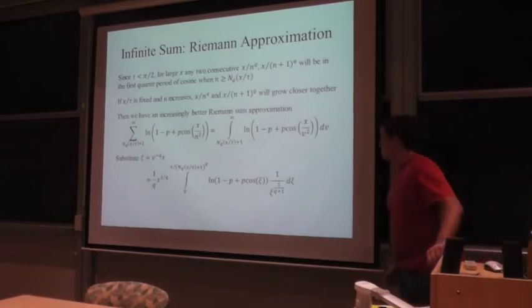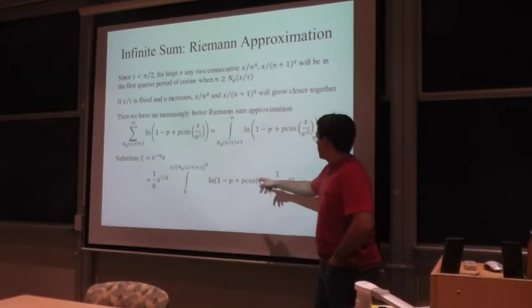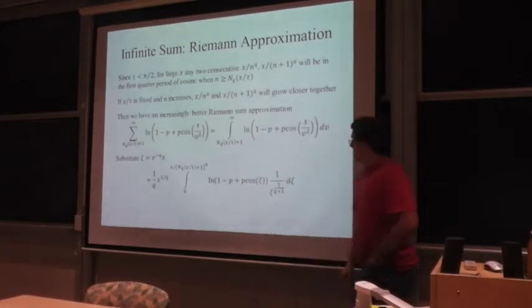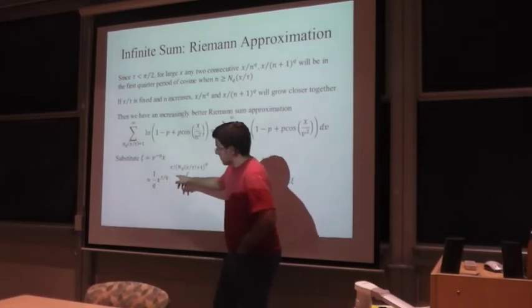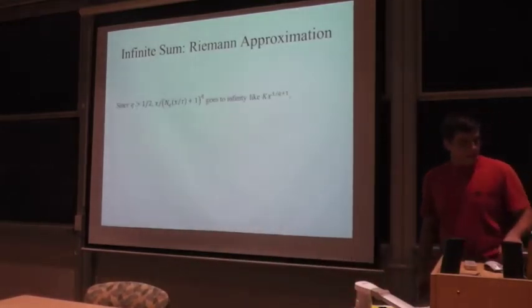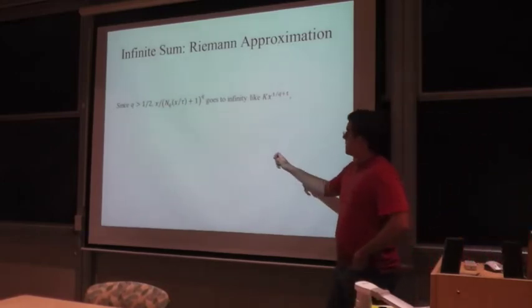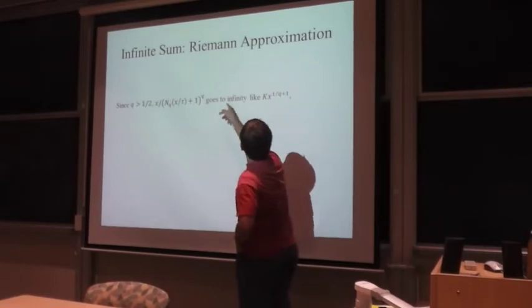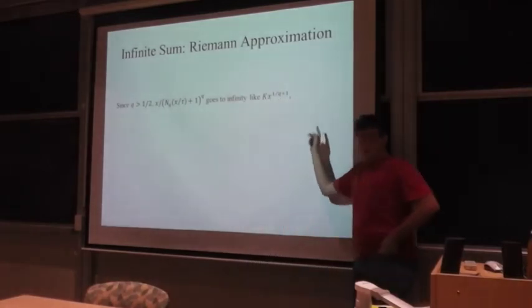We perform a substitution of xi equal to v to the negative qx, and we have as follows. And we also extract x to the 1 over q, which is good. Now, since q is bigger than 1/2, this term goes to infinity like kx to 1 over q plus 1.